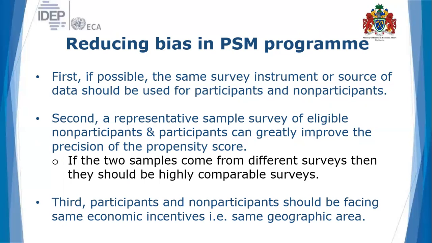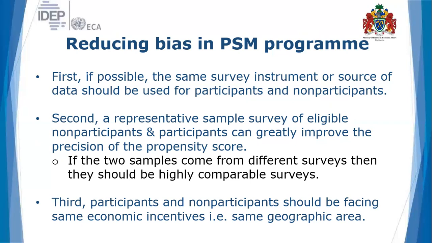Second, a representative sample survey of eligible non-participants and participants can greatly improve the precision of the propensity scores. So if two samples come from different surveys, then evaluators must be sure that the two are highly comparable surveys.